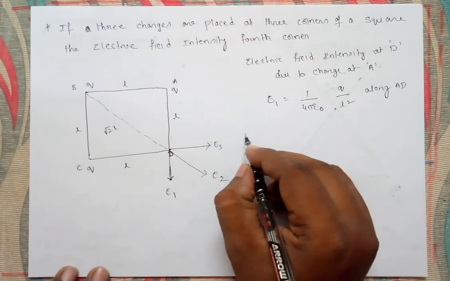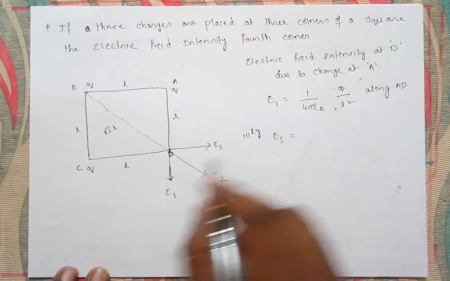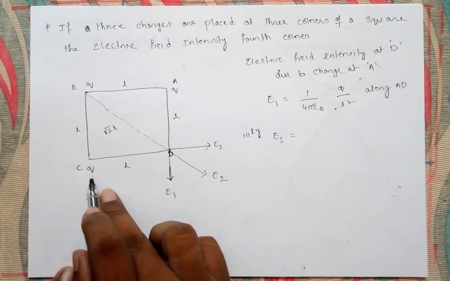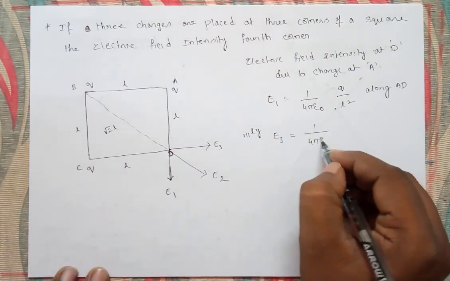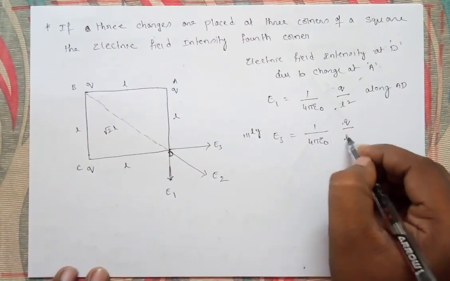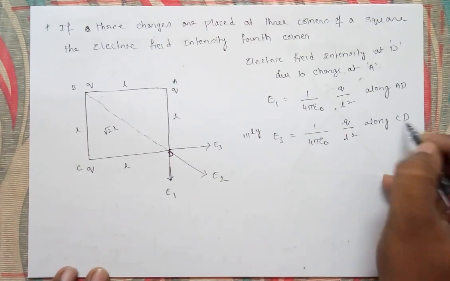Similarly, E3 is the electric field intensity at D due to the charge at C, away from it: 1 upon 4 pi epsilon naught into Q by L square, along CD.